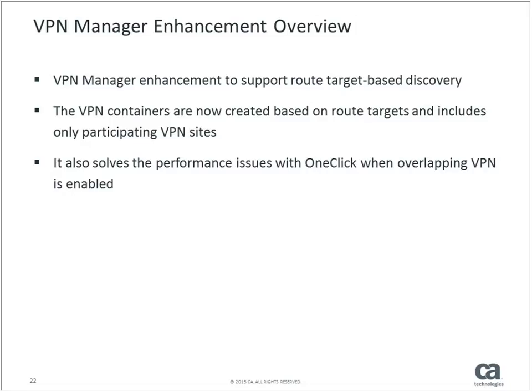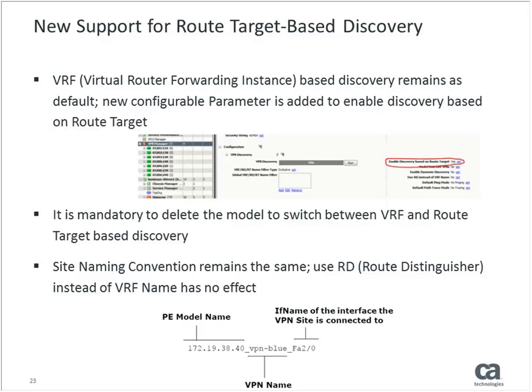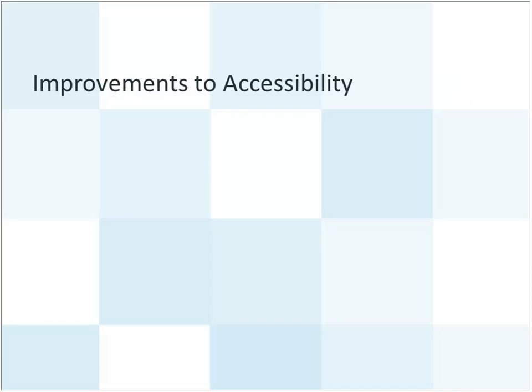So basically, the discovery is based on route targets, improving some of the performance scenarios where we had overlapping VPNs within a customer environment. There are a few of these scenarios very well documented. We are trying to make sure that the solution is still relevant for some of these newer deployments within the environment.